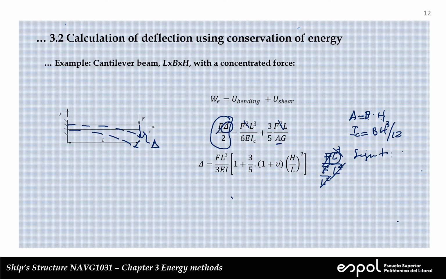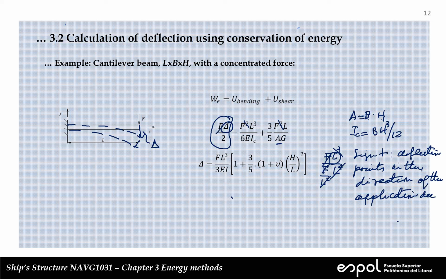This means that the deflection points in the direction of the application of F. Okay, so in this case, F obviously is pointing downward. So since delta is positive, that means that delta points in the direction of the application of the force. Okay.